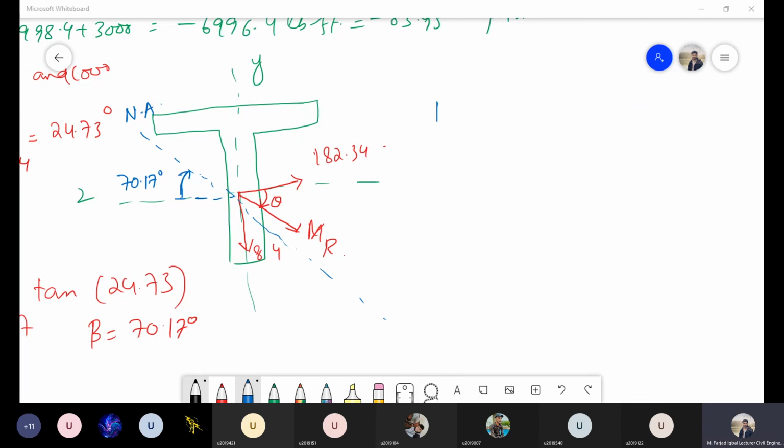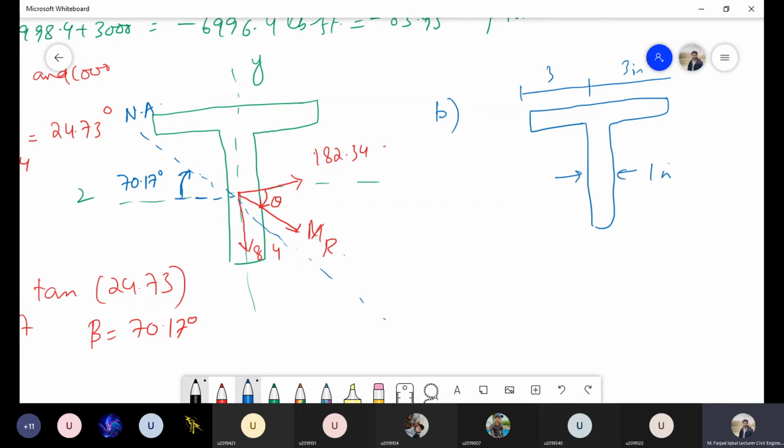We can take 3 or 4 points and find the stress values at those points. For example, this was our cross section, and these distances are 3 inches, 3 inches. This was 1 inch, and this height was given to us as 3.07.